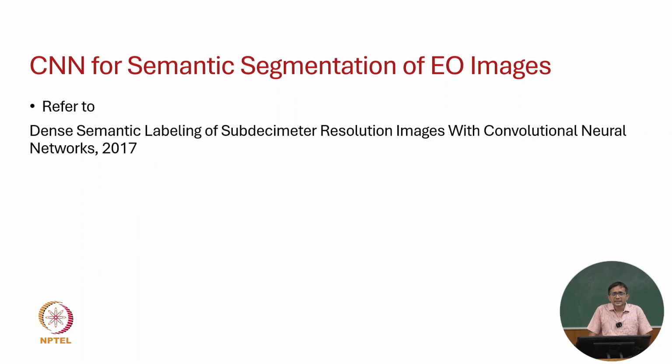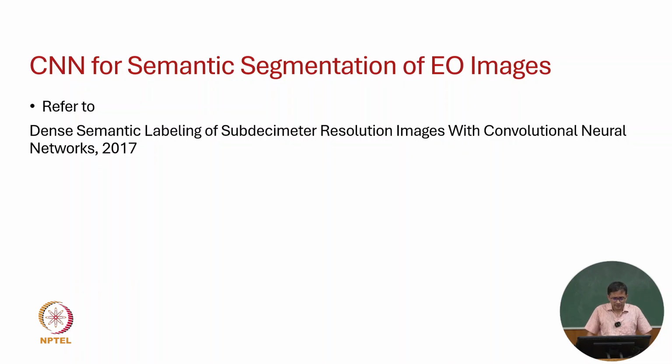So for such a network, something which is very close to FCN, I would refer you to this particular paper, Dense Semantic Labeling of Subdecimeter Resolution Images with Convolutional Neural Networks from 2017, which more or less follows the vanilla FCN version.